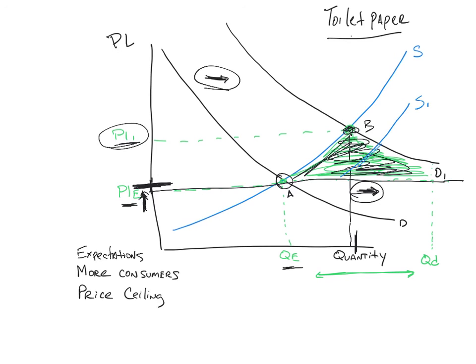The other problem we're going to face in the near future, if this continues, is that income will go down, and that will also bring demand to the left, and it will also fix some of that shortage. But that's not a good way of doing that. We don't want that to happen.